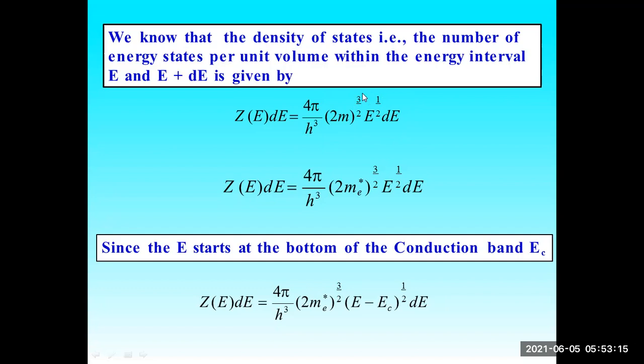If you want, we can have a discussion later regarding how we got 4 pi by h cube, 2m whole to the power of 3 by 2, E to the power of 1 by 2 dE, whenever you have some doubt. For now, just memorize this 4 pi by h cube, 2m whole to the power of 3 by 2, E to the power of 1 by 2 dE.